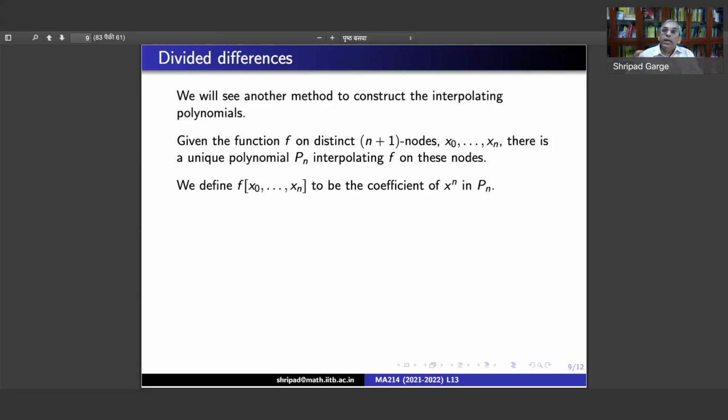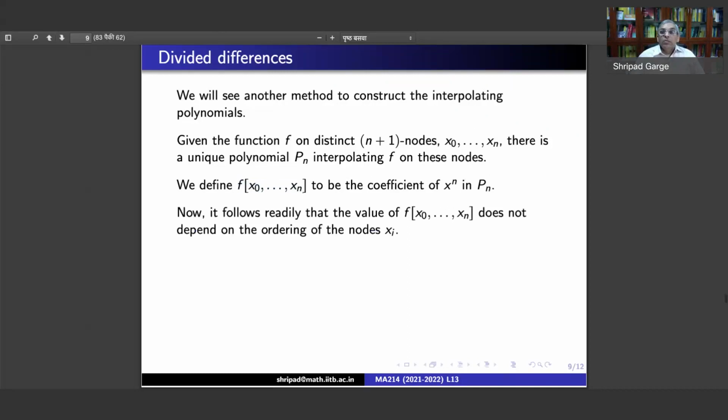So you don't need to carry the extra baggage of Pn. You need to know only the function f and its values on these n+1 nodes. Then you already know what the coefficient of x power n should be, because you know the polynomial Pn completely. So we will denote it by f[x0, ..., xn]. Remember, once again, this is the coefficient of x power n in Pn.